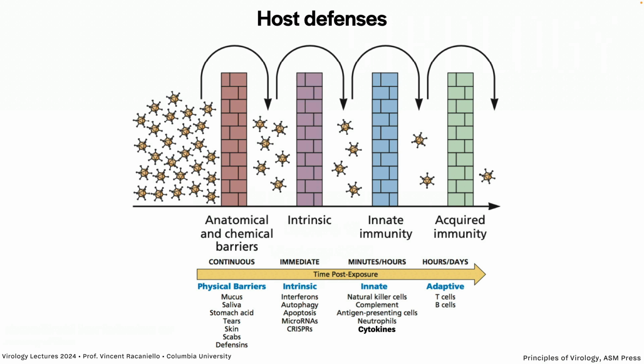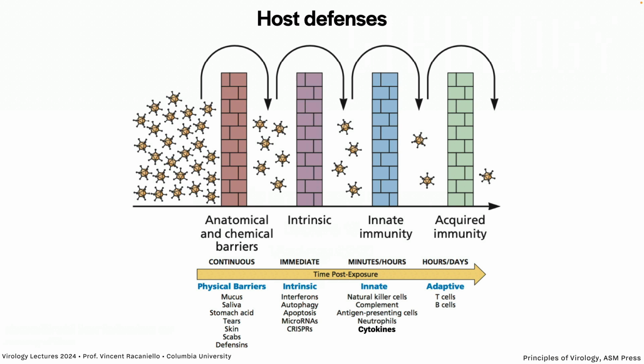And the viruses that get past those then encounter the innate immune system, which is engaged within minutes to hours after infection. And that includes natural killer cells, NK cells, complement, antigen-presenting cells like dendritic cells, and macrophages, neutrophils, and cytokines. And that takes care of most infections, up to the innate immune defenses.